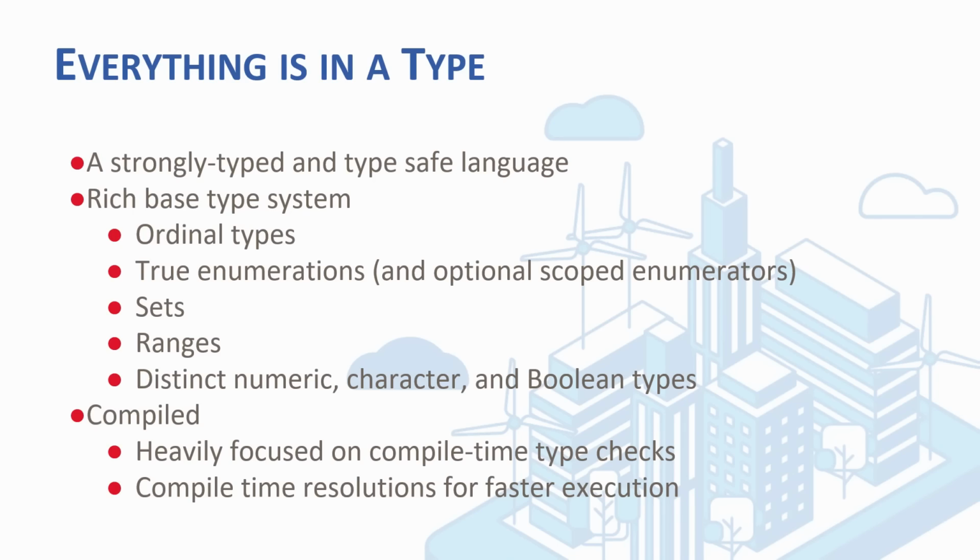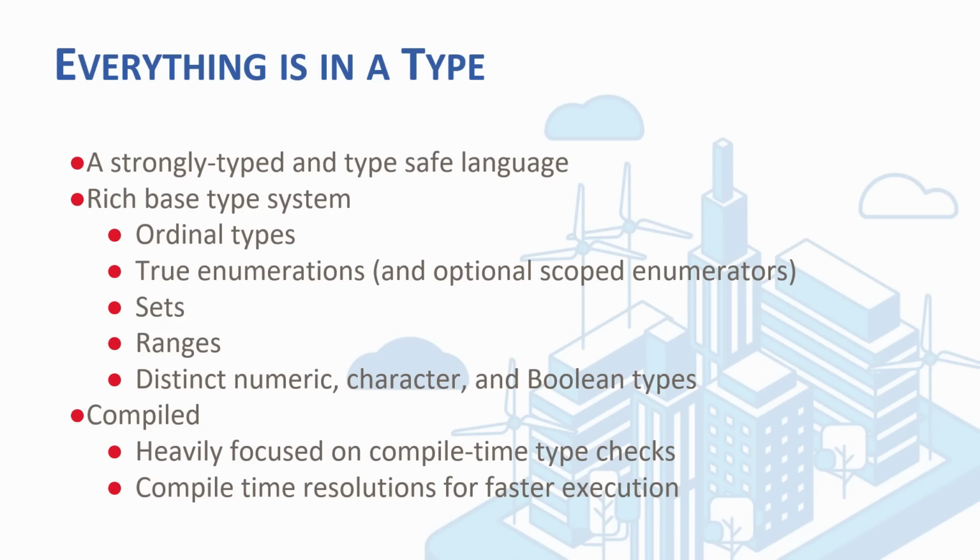So let me start delving into some of the real meat of the language. The first is that everything is in a type, and everything is a type, and types are the foundation. Object Pascal is strongly typed and type safe, with very limited exceptions. There are ways around it on purpose that you're generally strongly advised not to use unless you know what you're doing.